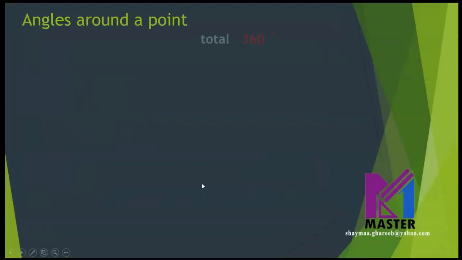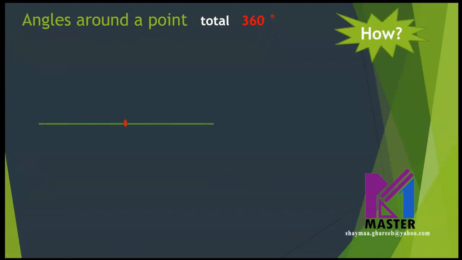Today's lesson is about angles around a point. Angles around a point total 360 degrees. Let's see how. This is a straight angle, and we know that the size of the straight angle is 180 degrees. So what about the angles below the line? We said before, with angles on a straight line, we can find the angles on the line and the angles below the line.